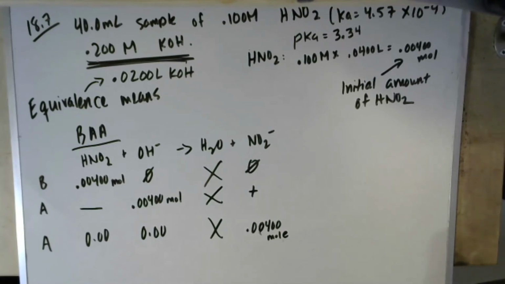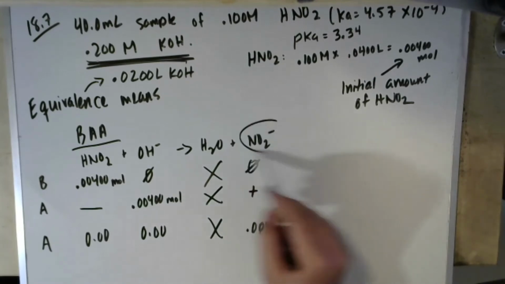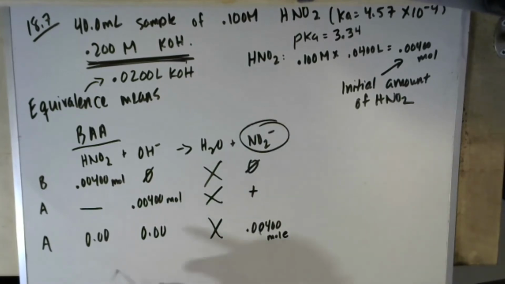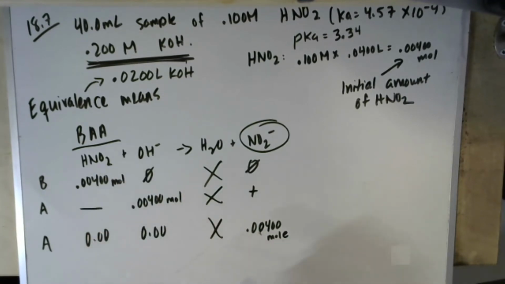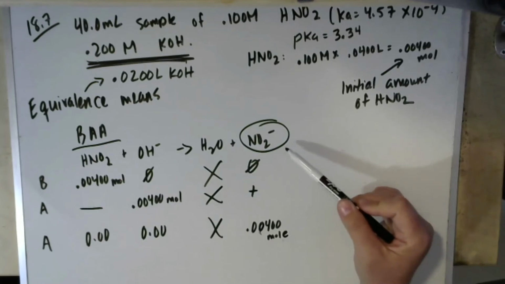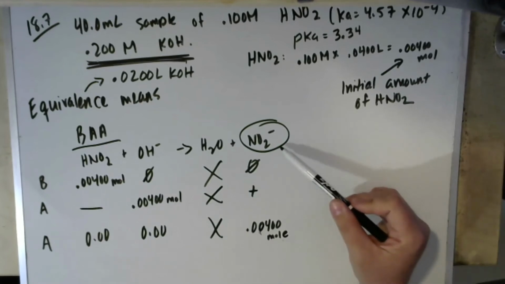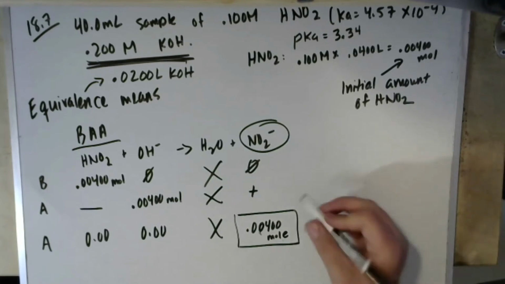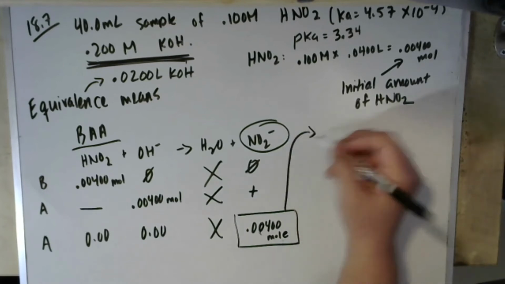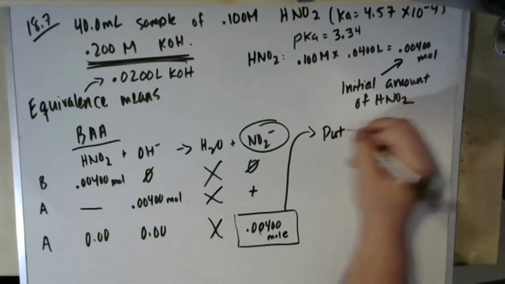But what ends up happening is that this nitrite ion, which is the only thing left after the nitrous acid and the hydroxide are done reacting, is going to enter into its own equilibrium reaction. So we need to use this mole value of the nitrite ion that's left, and we are going to put it into an ice table.